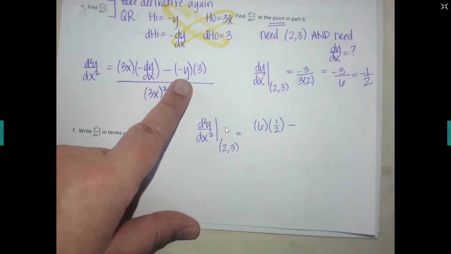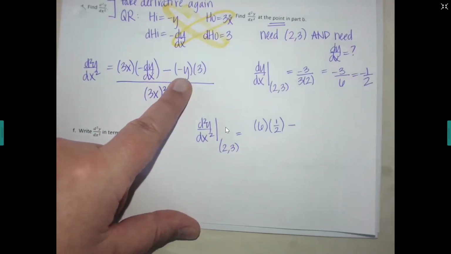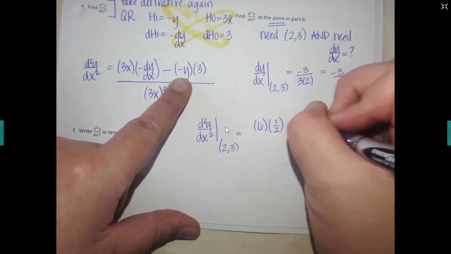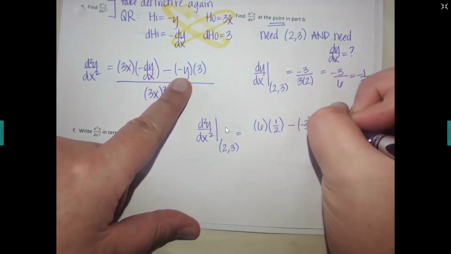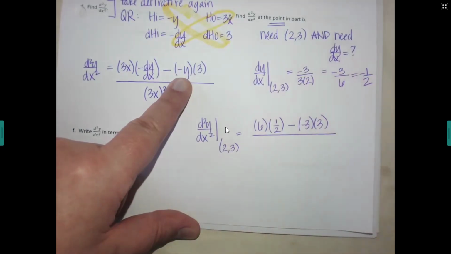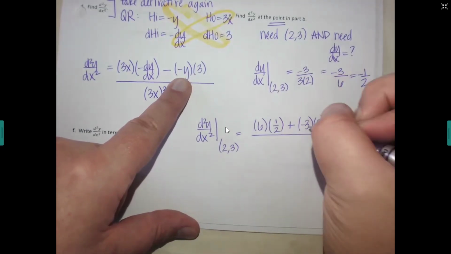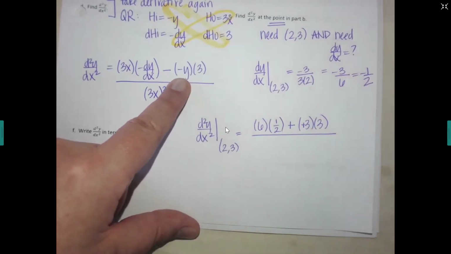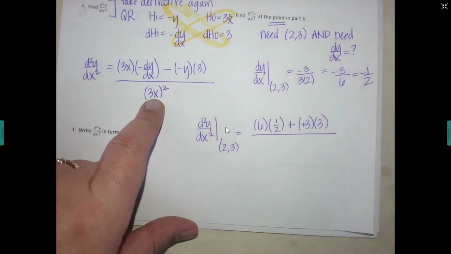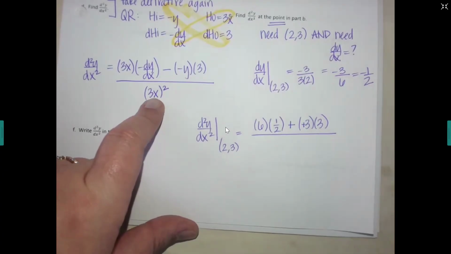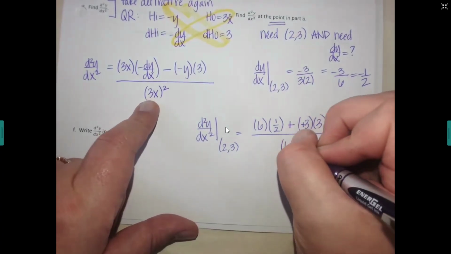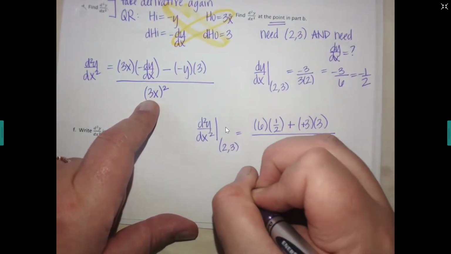What is my y? 3, so it'd be minus a negative 3 times 3. And then if you want, you could cross those negatives out, which I think I'm going to do. And then on the bottom, I want a 3x squared. My x is a 2, so what's 3 times 2 here? That'd be 6, and then 6 squared.